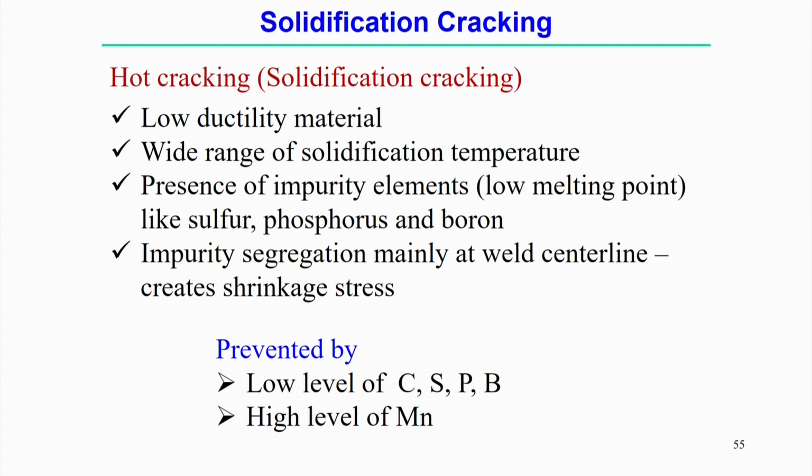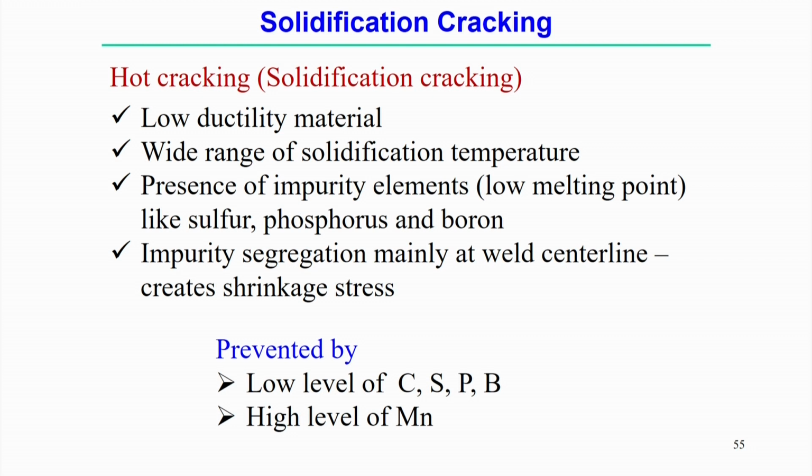Also, impurity segregation occurs at the weld center line, and that segregation sometimes induces some amount of shrinkage stress, which basically induces the hot cracking phenomena in the welding process.